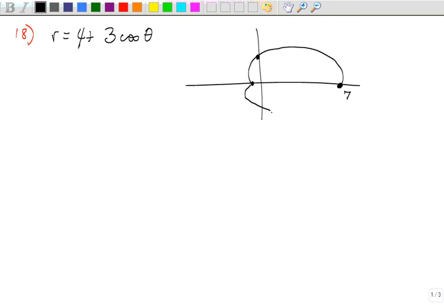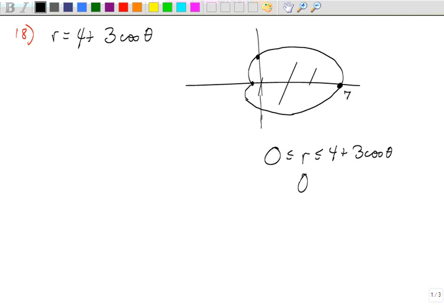So I get a limaçon. And I want inside there. So r varies from 4 plus 3 cosine theta to 0. And theta is 0 to 2 pi.